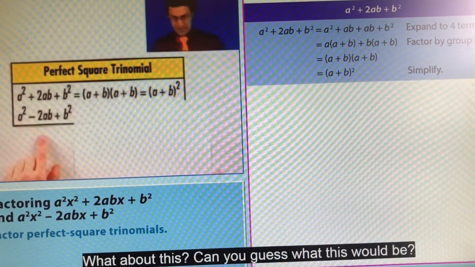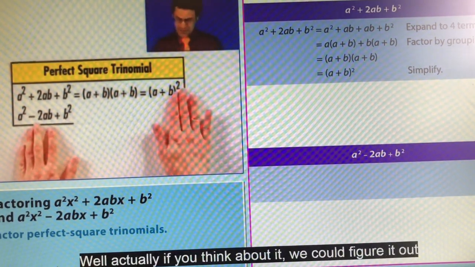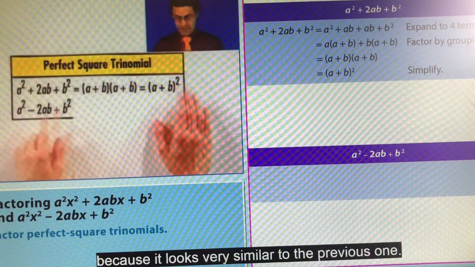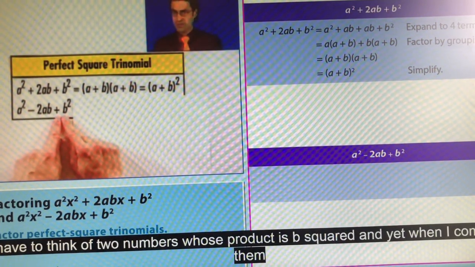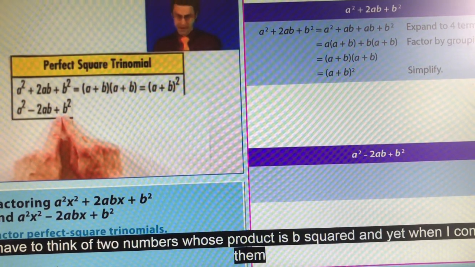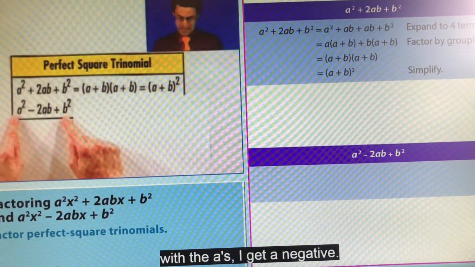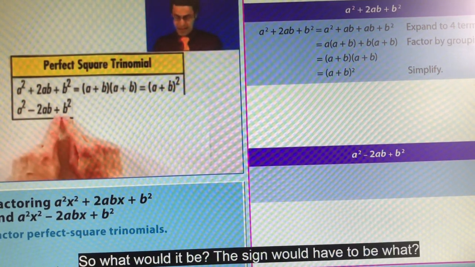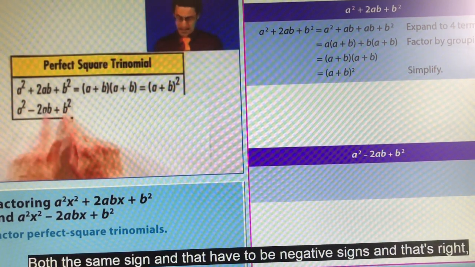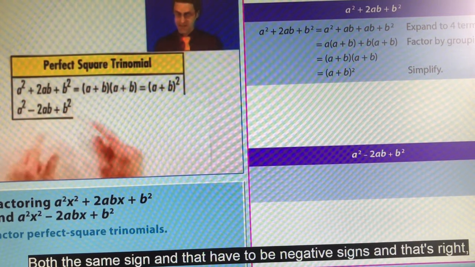What about this? Can you guess what this would be? Well, actually, if you think about it, we can figure it out because it looks very similar to the previous one. I have to think of two numbers whose product is b squared, and yet when I combine them with the a's, I get negative. So what would it be? The sign would have to be what? Both the same sign, and they'd have to be negative signs. And that's right.